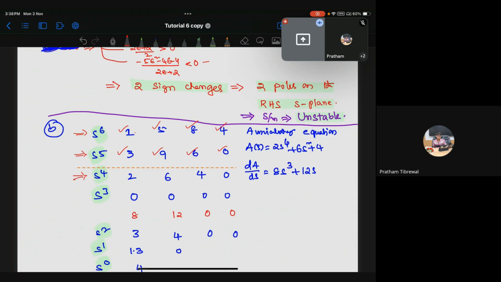So you can see here the first row, the s power 4 row. What we do: 5 multiplied by 3, 15, minus 9, that is 6. 6 by 3, that is 2.